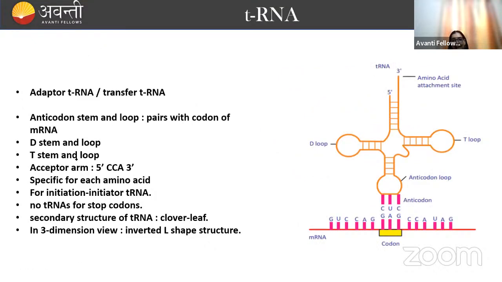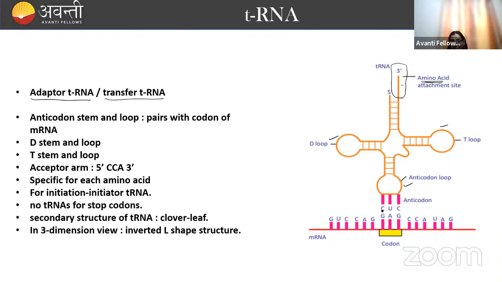Moving next is the tRNA. The other names of tRNA are adaptor RNA or transfer RNA. And you can see in the image, the tRNA has the D loop, the T loop, the anticodon loop, and the acceptor arm. This is the acceptor arm, the site or arm where the amino acid will get attached.